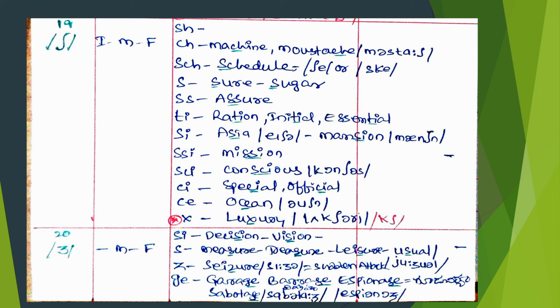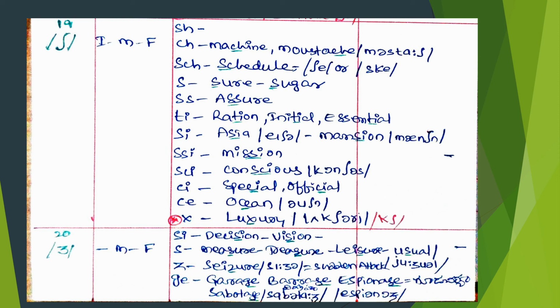So there are various ways to represent the sound sh in English: SH, CH, SCH, S, double S, TI, SI, double SI, SCI, CI, CE, and X. So there are 12 different spellings which represent a single sound.